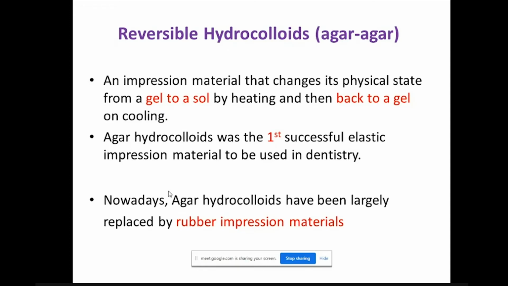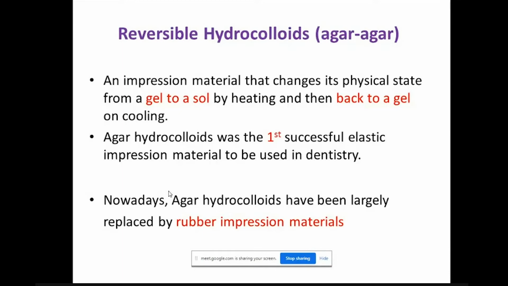When you cool it, it changes from gel to solid, and when you heat it, it returns back to a gel. Another definition: by heating, it changes from solid to gel, and by cooling, it changes from gel to solid.